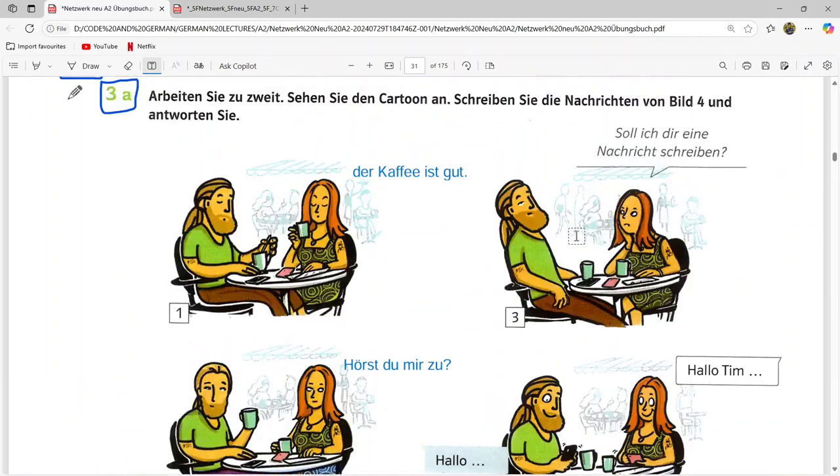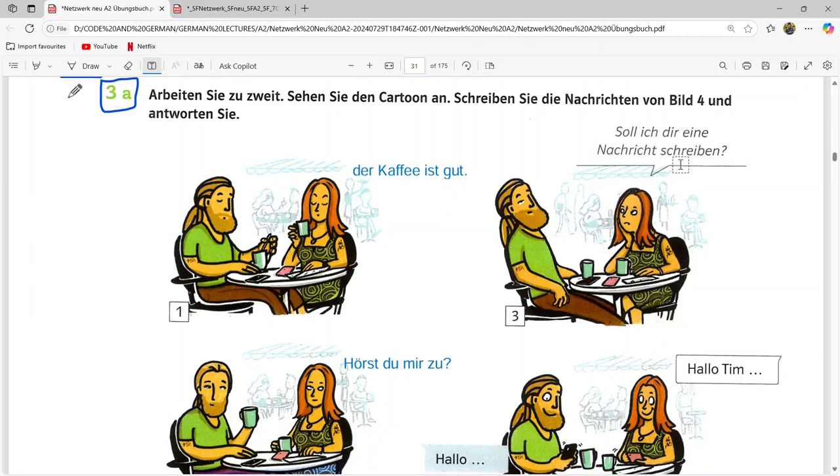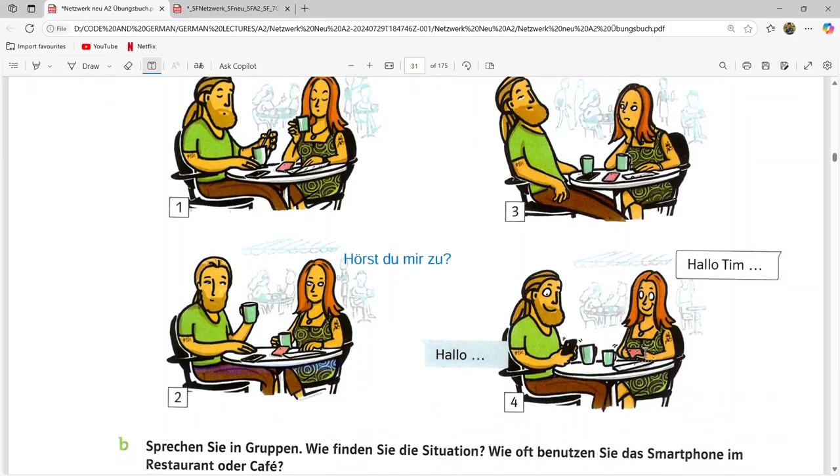Next, third picture, the man is, I think, still not talking. Okay, now the woman is thinking, soll ich dir eine Nachricht schreiben? So the woman is saying, should I send you a message? And the woman is now sending a message. Hello Tim.